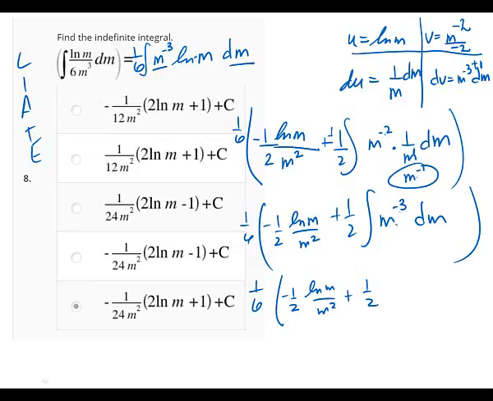When I integrate m to the negative 3, remember we have to add 1, so we get m to the negative 2 divided by negative 2 plus c at the end. And remember, this is multiplying here, even though it looks like a subtraction.